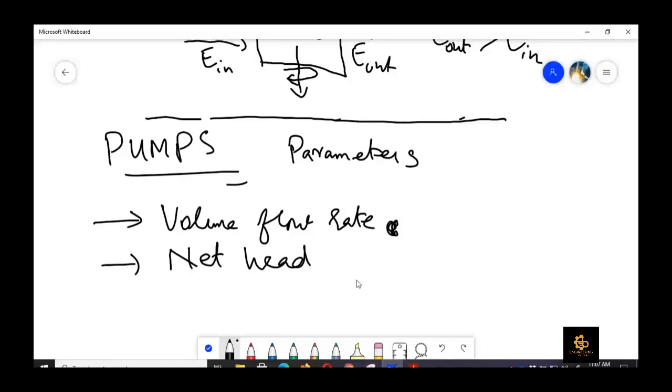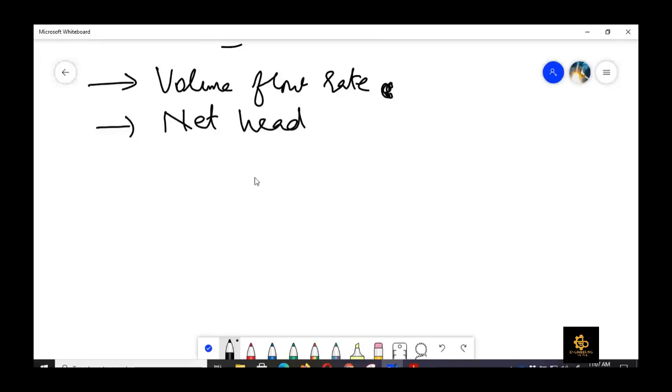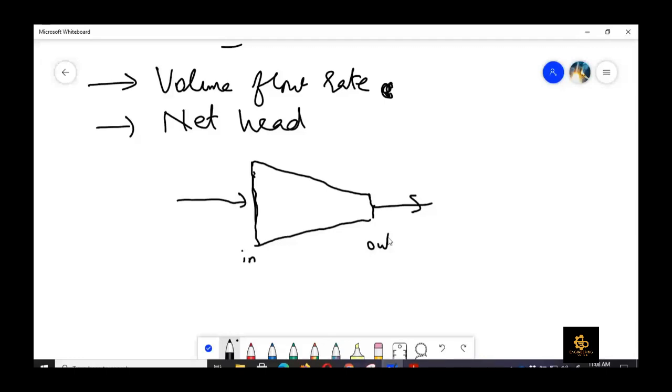If this is the pump, maybe I would draw it like a pump. The operation of the pump is to increase the pressure. It is a kind of compression of fluid, so if this is in and this is out, this is the pump. Fluid is coming from here and going out.